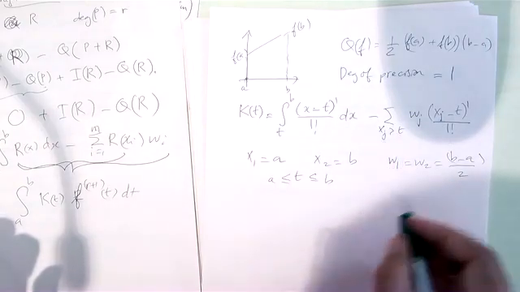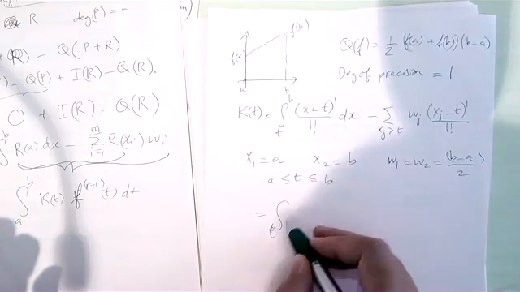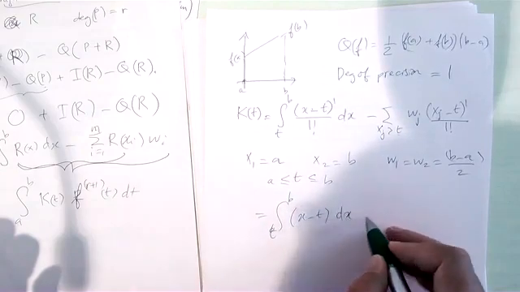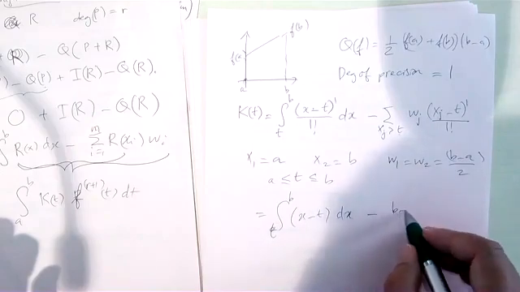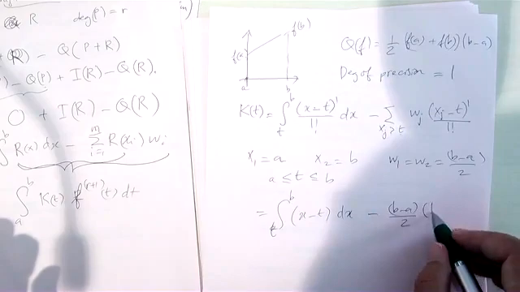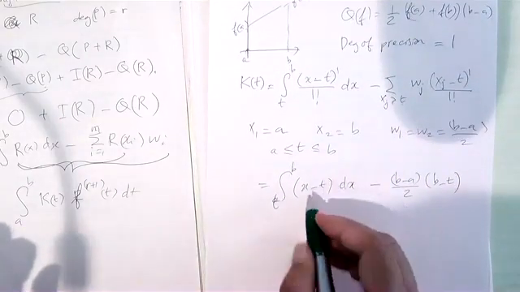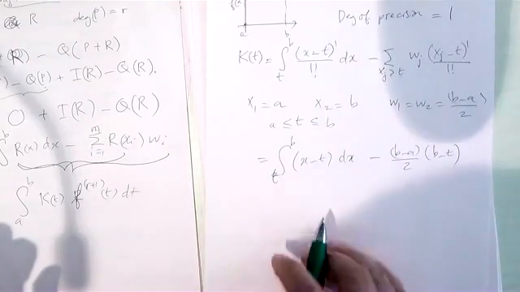So then this reduces to: the weight is b minus a over 2, and this factor is just b minus t, because you have only one point bigger than t. And now after you plug it into the formula, this becomes a simple calculation.